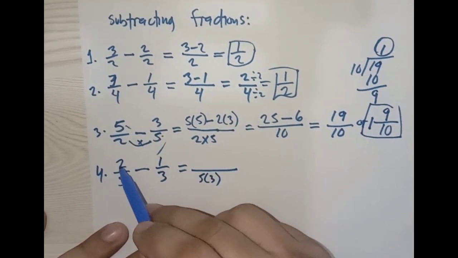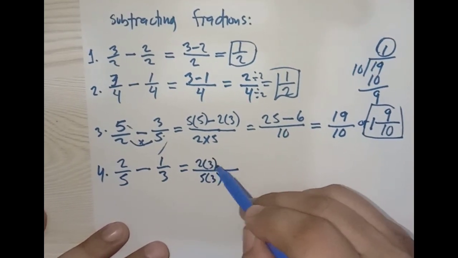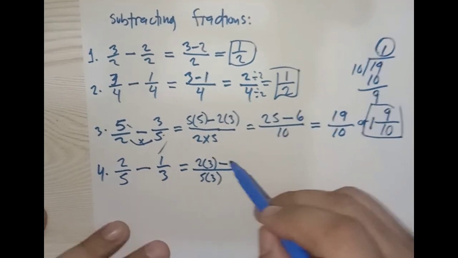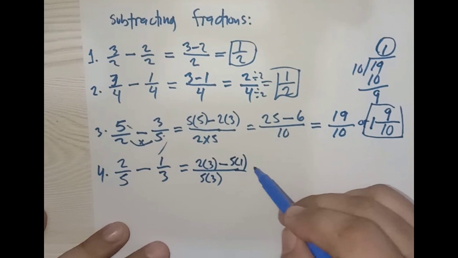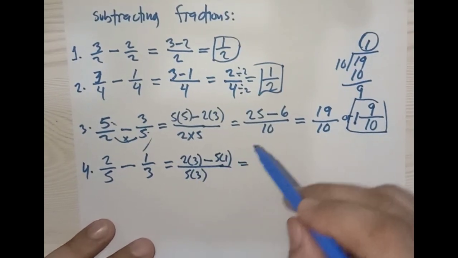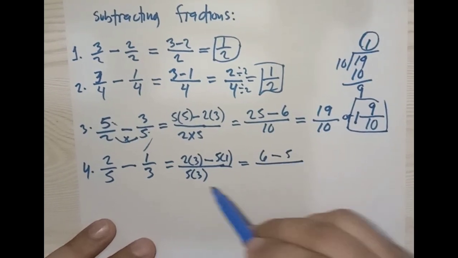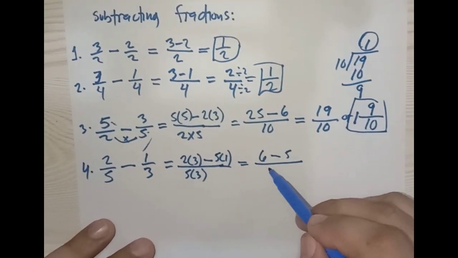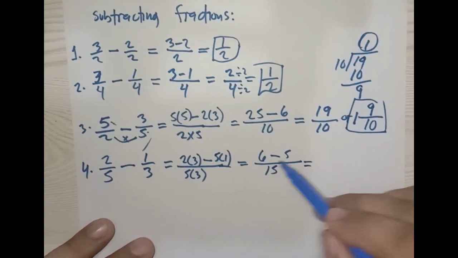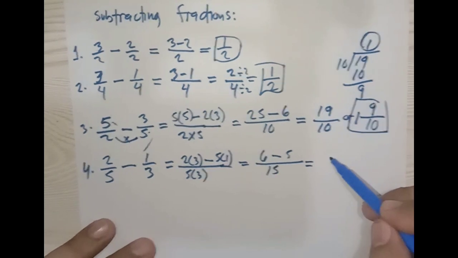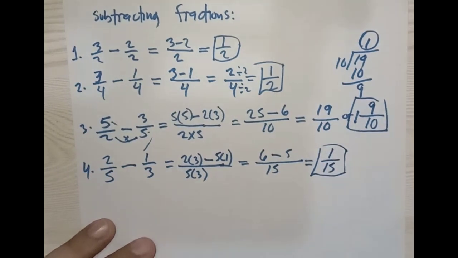And then cross multiply from top down, 2 times 3 ito. Minus, copy, 5 times 1. Okay, it's equal to 2 times 3 is 6 minus 5 times 1 is 5, all over by 5 times 3 is 15. Equal to, simplify, 6 minus 5 is 1 over 15. So this is our final answer.